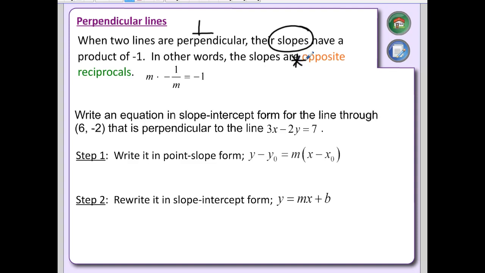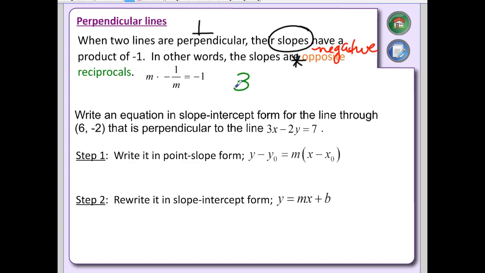Now, another way to say that word opposite, we could also say negative reciprocals. All right, so we've got to figure out what that means. If I had 3, what is the negative reciprocal of 3? Well, the easiest way to figure that out, what's the reciprocal of 3?